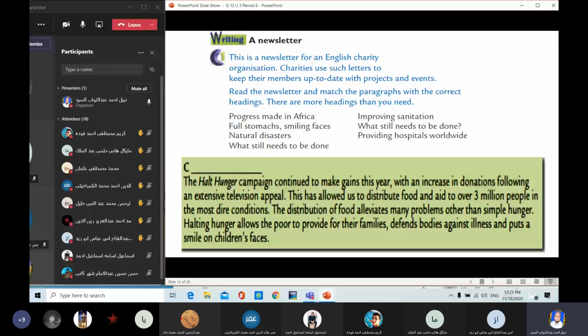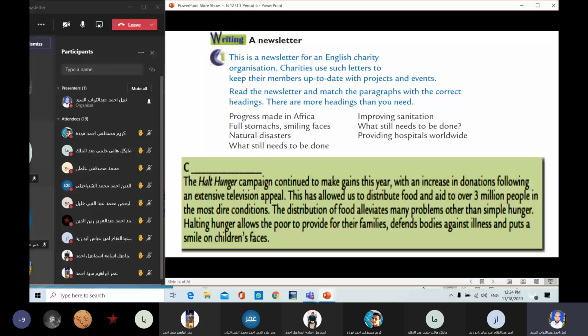Choose a heading that attracts the reader, or is very interesting. And of course, it's related to the paragraph. Full stomachs or all stomachs? Yes, this is it. Stomach, your belly.